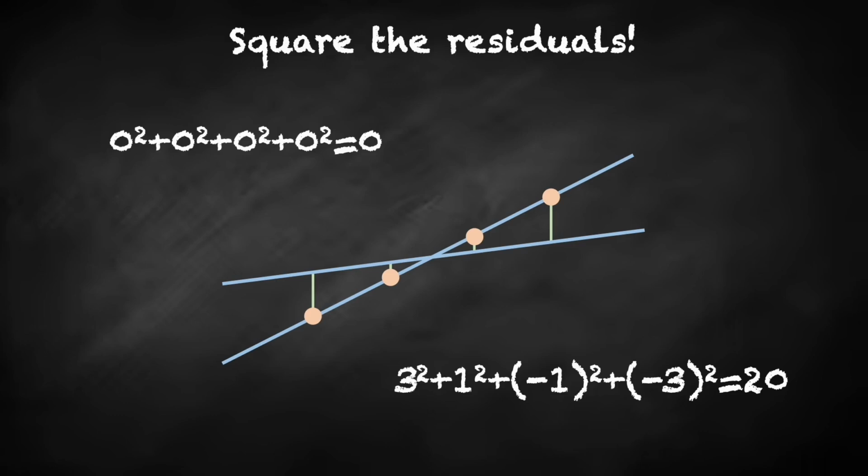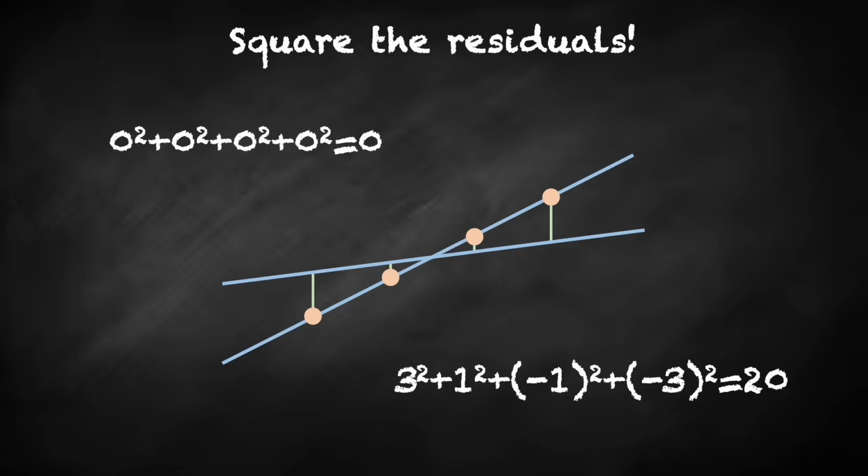We call this method the sum of squares method, and this calculation is called the sum of squared errors, which we abbreviate as SSE. Or sometimes we call it the residual sum of squares, which we abbreviate RSS. Usually we also divide this by the number of points, and then we call it the mean squared error, or MSE. These are all versions of the same measurement, and you might hear all of these terms used almost interchangeably.